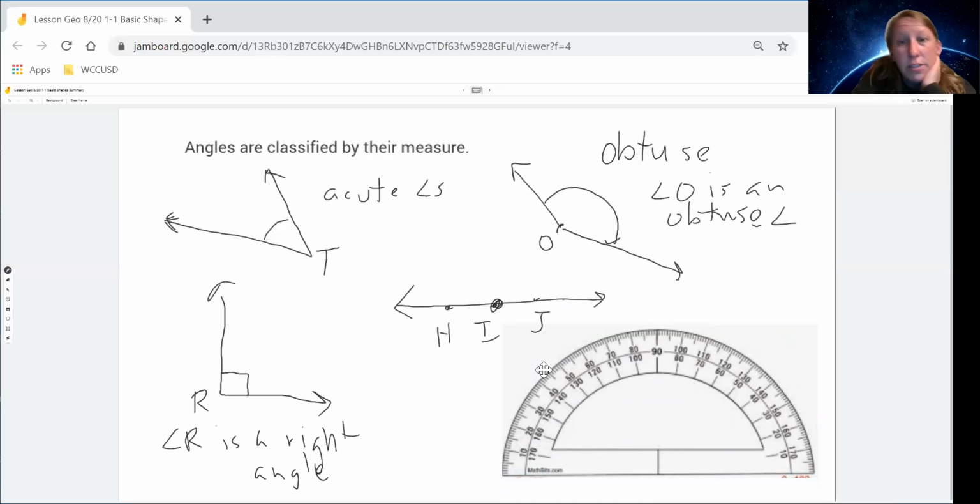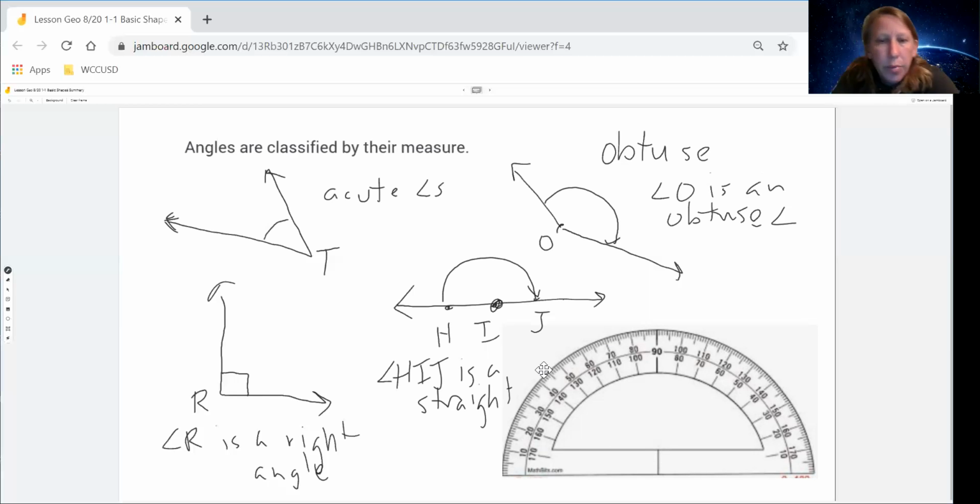It makes a straight line, so we call it a straight angle. Angle HIJ is a straight angle. It's exactly halfway across the circle. To get from H over to J, kind of in a circular motion, would be 180 degrees. It would be halfway around the circle.